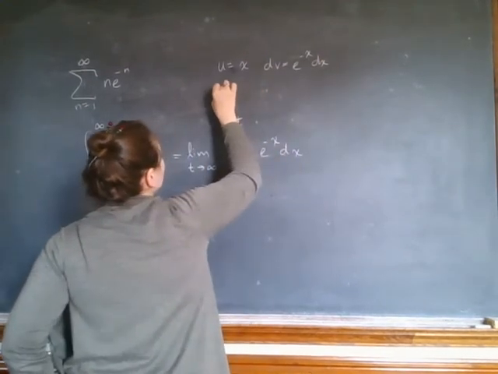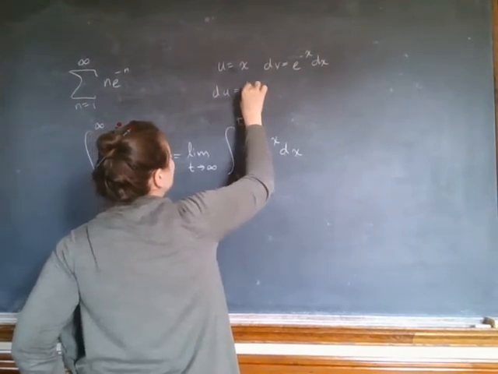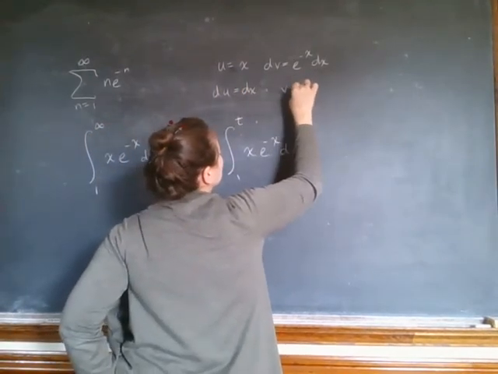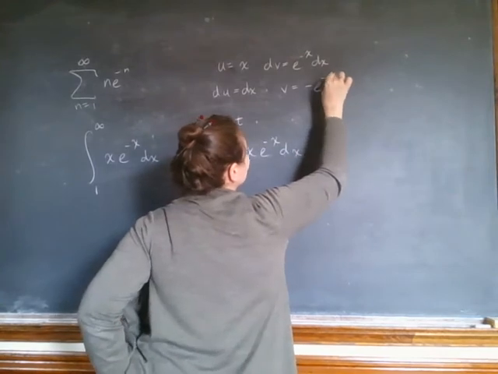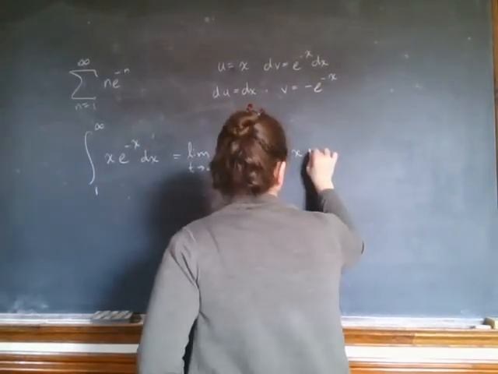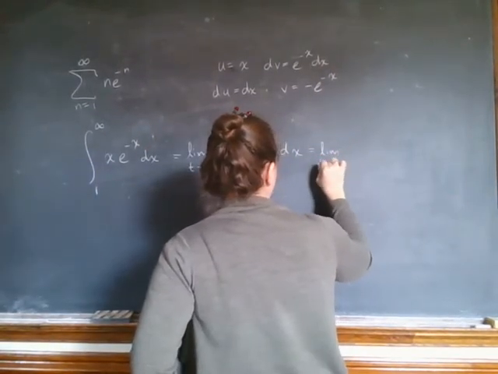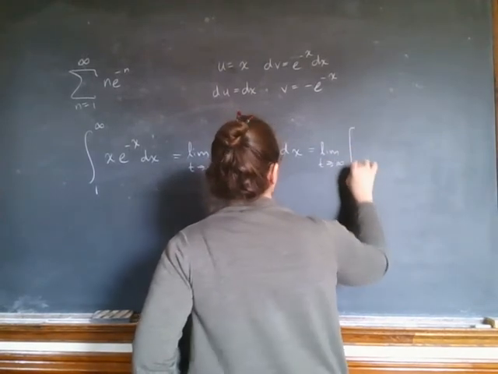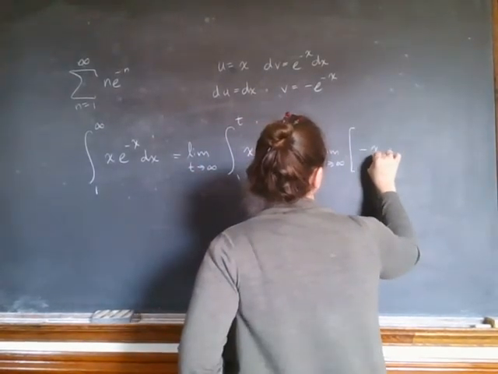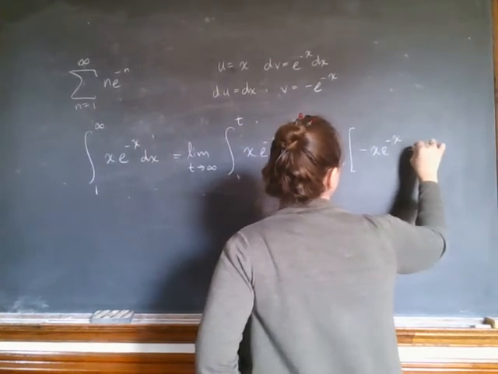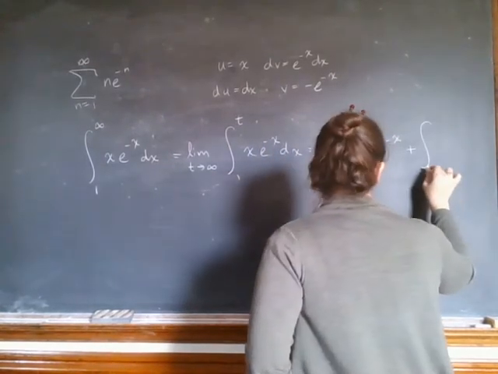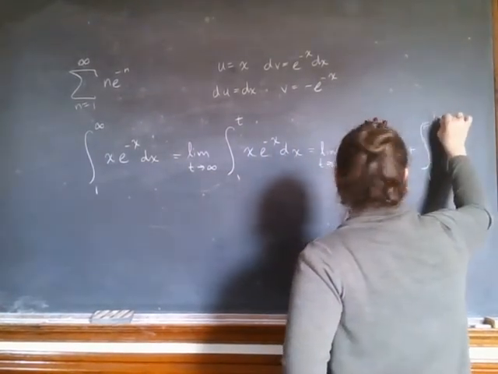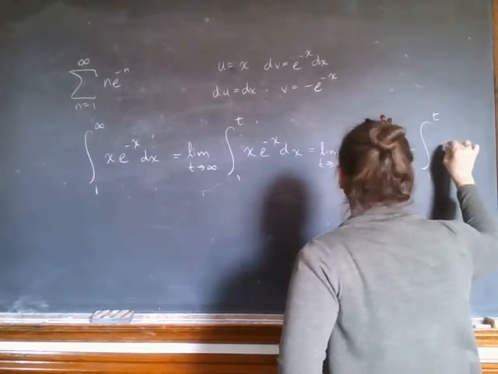The only thing I really have to be mindful of is my negatives, keeping my negatives together, which is the easy way to screw up these problems, right? So I've got uv minus the integral of v du.